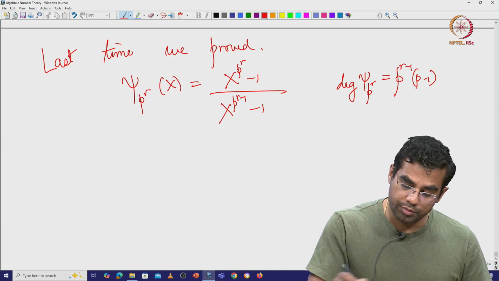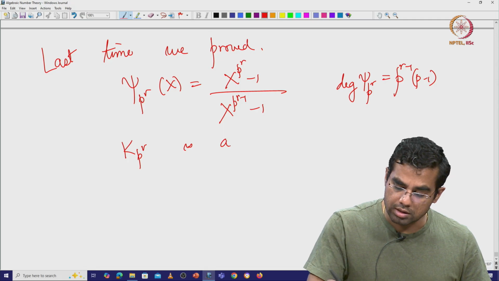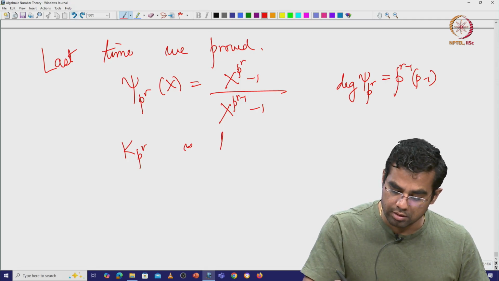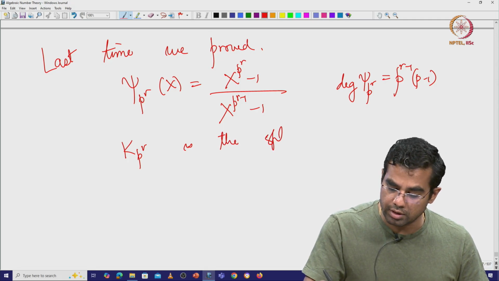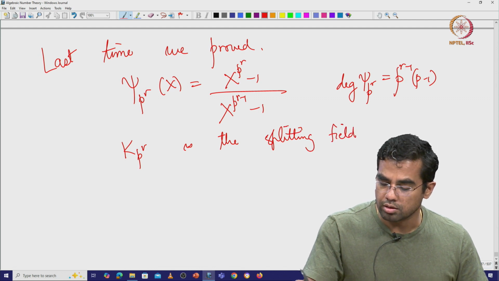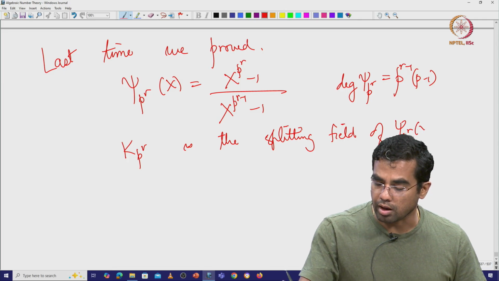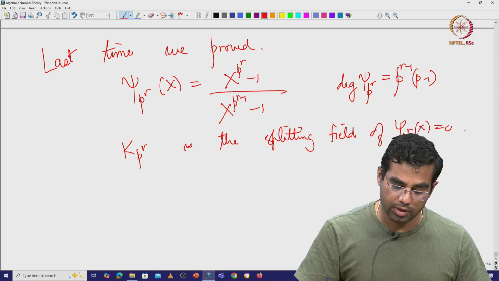And we proved that K_{p^r} is the splitting field of psi_{p^r}(x) = 0.